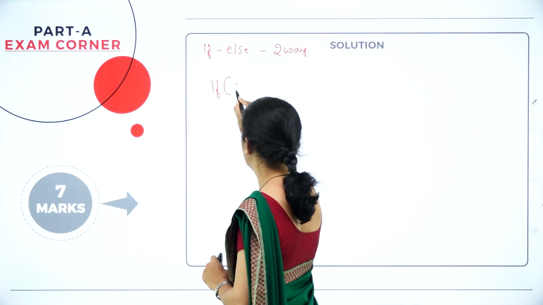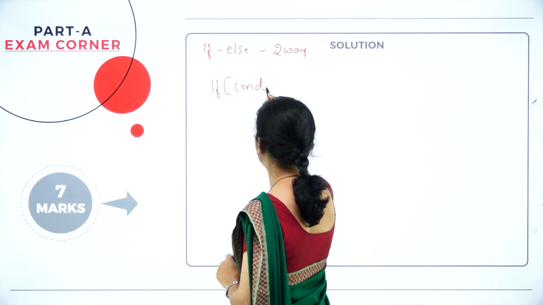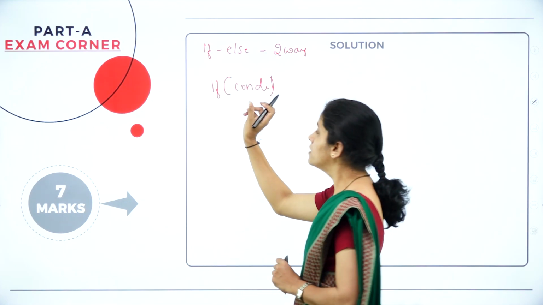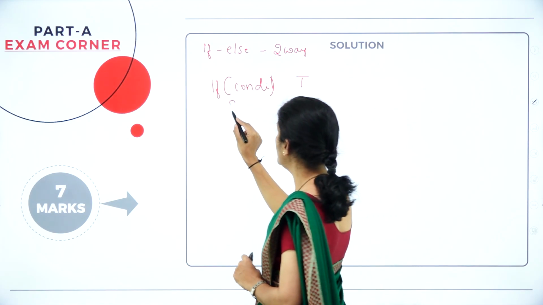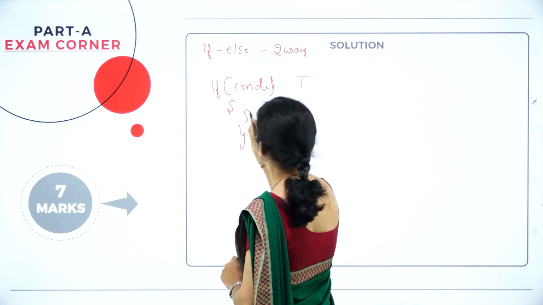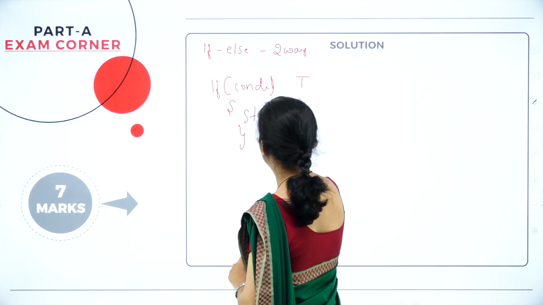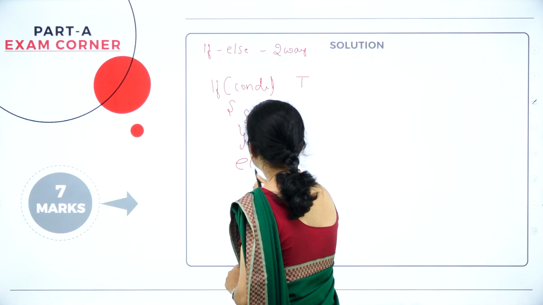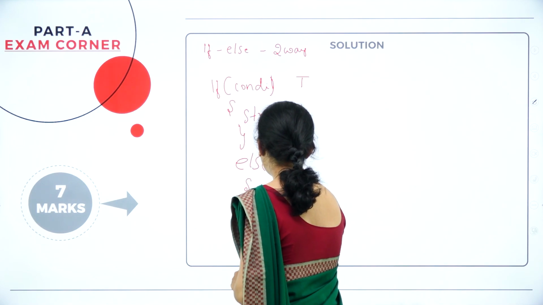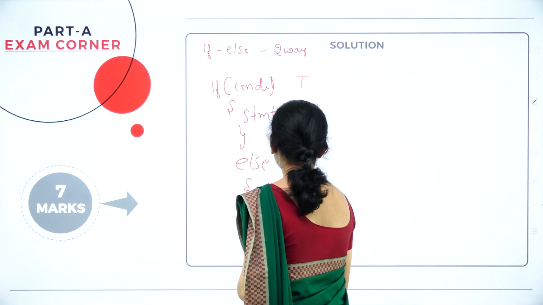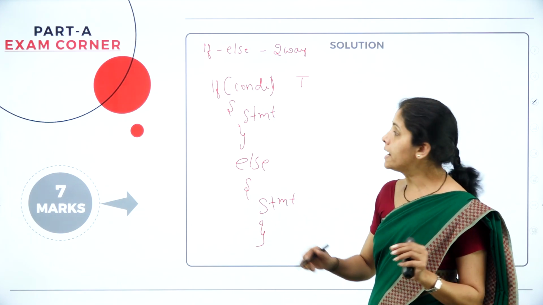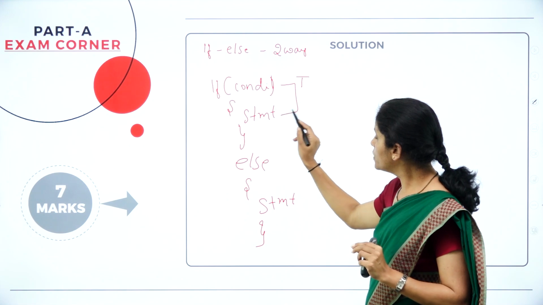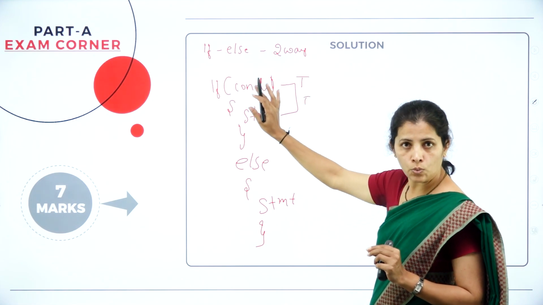If condition, and this is true, I'm going to have statement. Else, I'm going to have statement. In the sense what? If the specified condition is true, execute the true part.